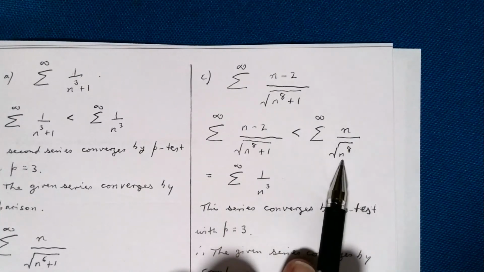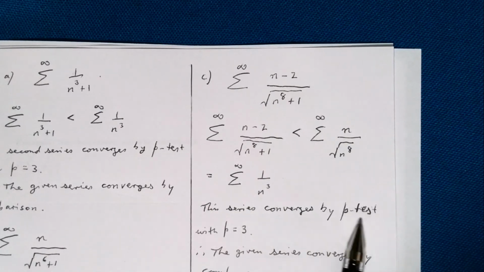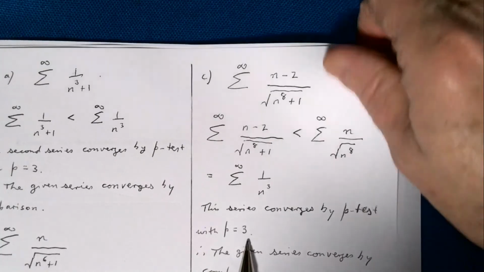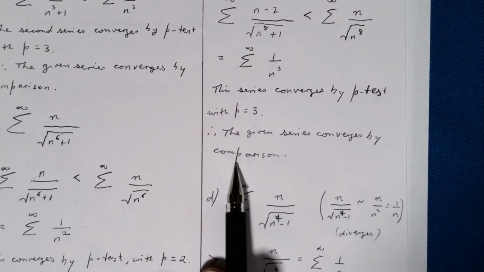Now I can simplify this. This is n to the 4th on the bottom, n on the top cancels to n cubed. Again, this is a p series, so this converges by the p test with p equals 3. And that means the given series, the one we started with, converges by comparison.